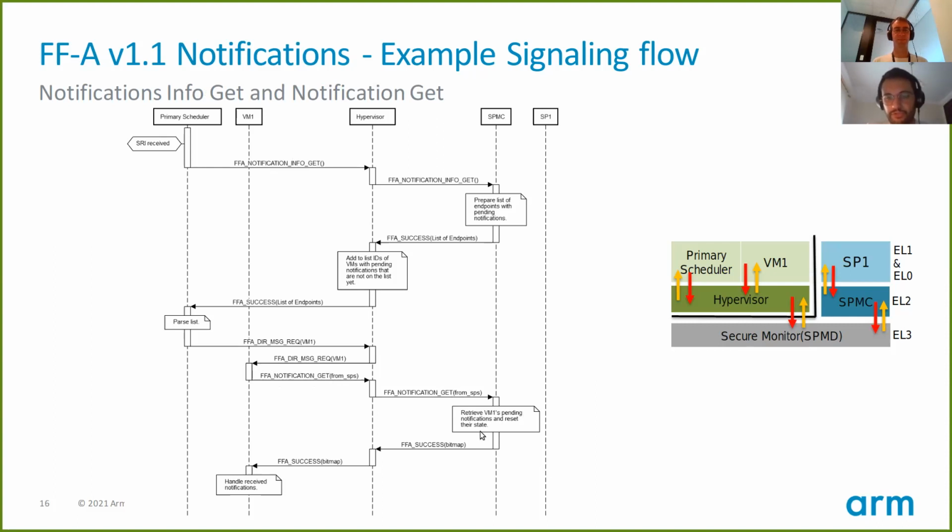The SPMC would retrieve any pending notifications, reset their state, and if all goes well, return FFA success with a constructed bitmap back to the hypervisor, which would relay it to VM1. At this stage, VM1 could handle notifications. This last stage of the flow might change in the future once we support the notification pending interrupt as well.